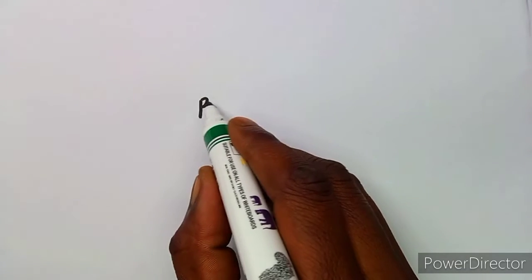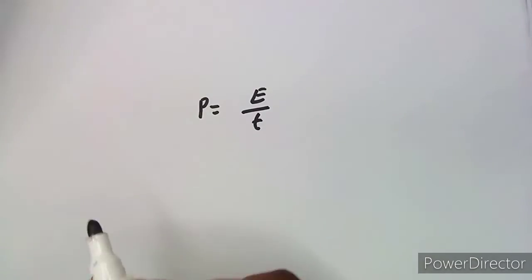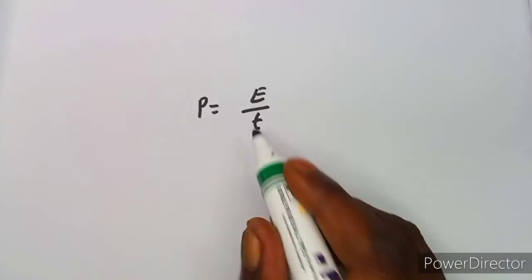We know that the power is equivalent to energy over time, just like what we obtained here. But this time we need the time, so we are going to make T the subject.